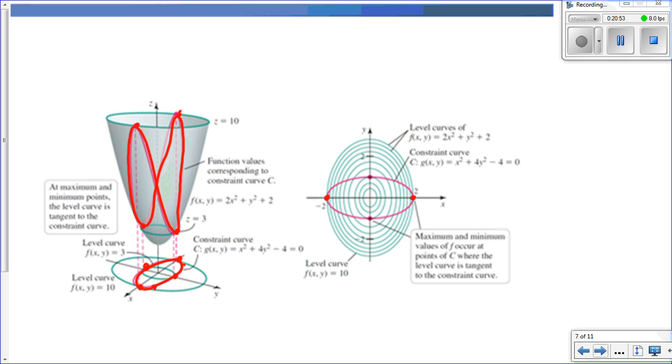And then the smallest level curve values are here and here. And if you notice, each of these points, if you draw the tangent vector and the gradient for the level curve or for the constraint, they'll all be in the same direction. They may have different lengths, but the tangents are parallel and the gradients are parallel at all four of those points.